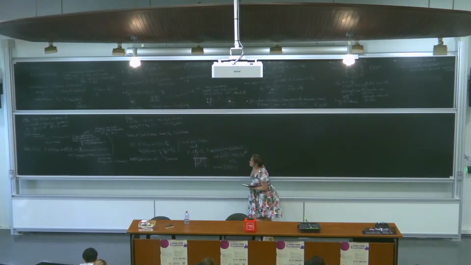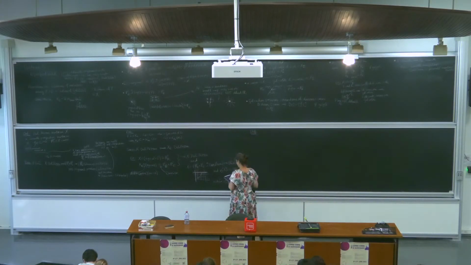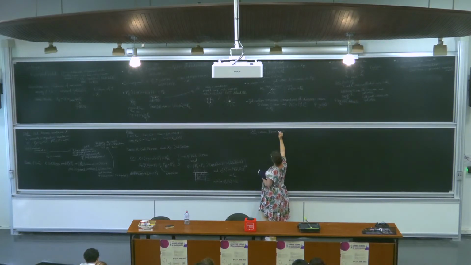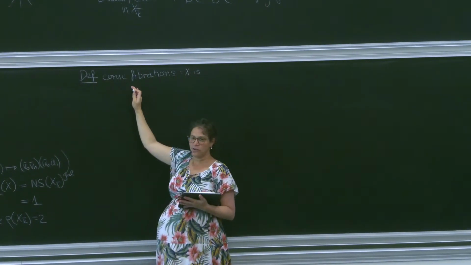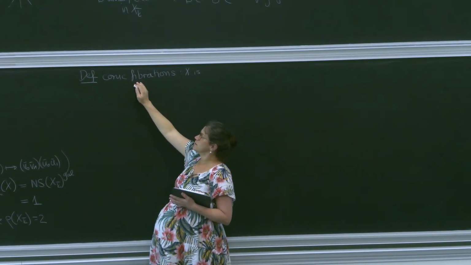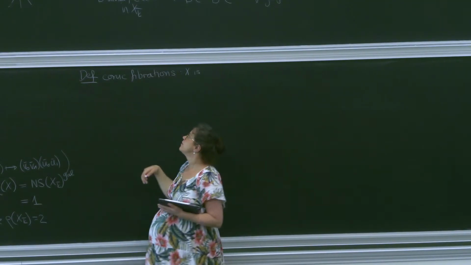Okay, so this is the first definition that we need for our Sarkisov links, the del Pezzo surfaces. And the second one is conic fibrations. Here you have to be a bit careful, because in the literature you find different notions of what this means, or what people mean by a conic bundle.